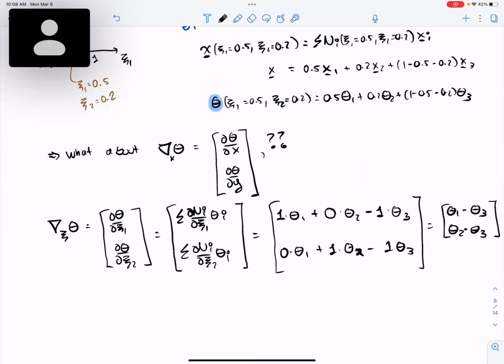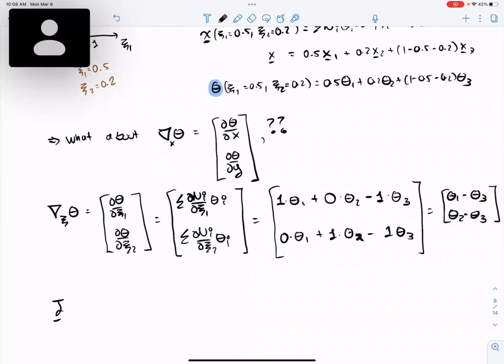So the other thing that we have is that x, right? So we can also take derivatives of x, which is going to be our Jacobian. Now this is different from the Jacobian that we did in 1D. The Jacobian in 1D was just dx d psi, where x and psi were just numbers.